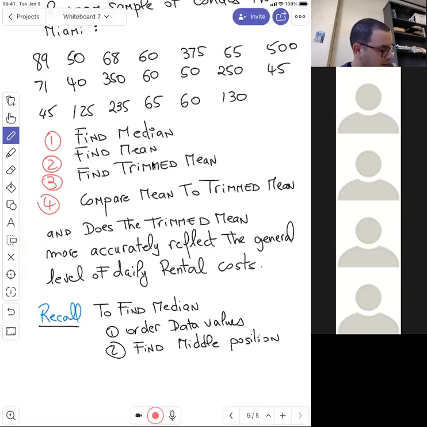Once you find the middle position, then you can find the median. Again, the median is the number in the middle position of your ordered data values.